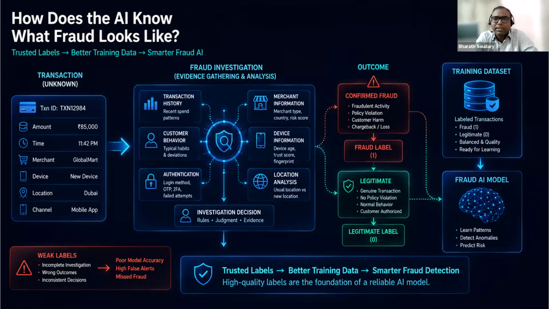The AI needs examples of what is fraud and what is legitimate. These are called labels. For example, a transaction has an amount of 50,000 at such and such time, with such and such merchant, and a trusted device and location.